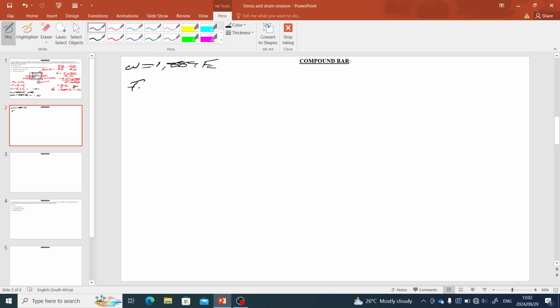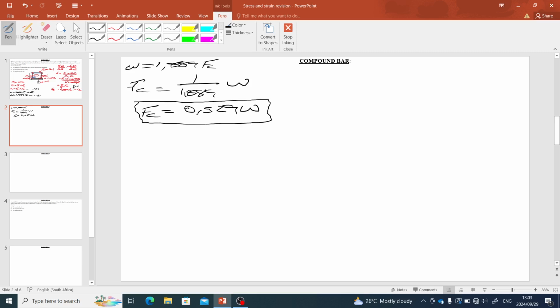FC would be 1 divided by 1,889, multiplied by W. Then I get my answer as 0,529 W. This is the force acting on that wire, for us to be able to use the principle of equilibrium in determining the unknown distance.